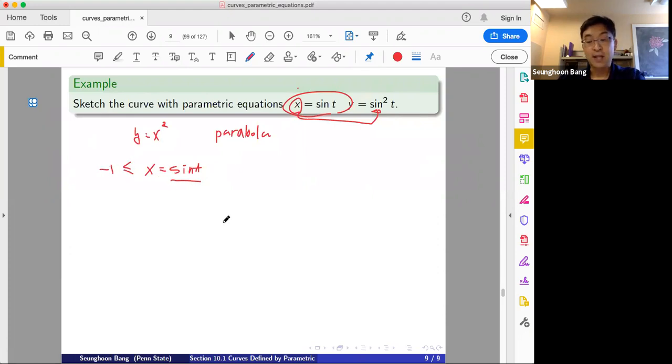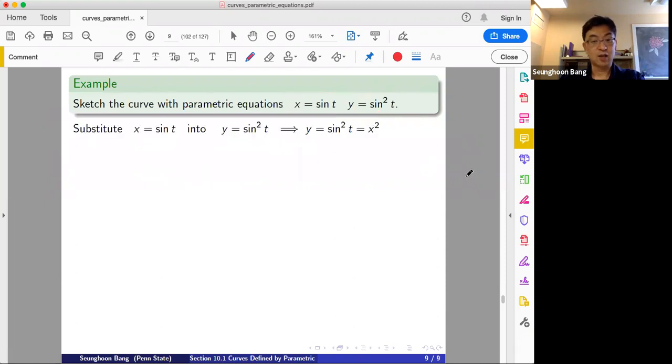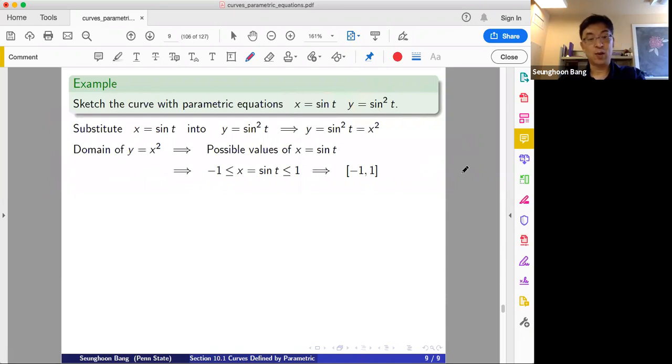What is the maximum value of sine of t? The maximum value of sine of t is exactly 1. What does it mean? x is between -1 and 1. This is like the domain. You can find the domain like this.